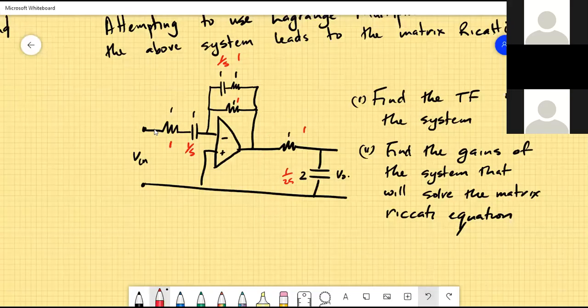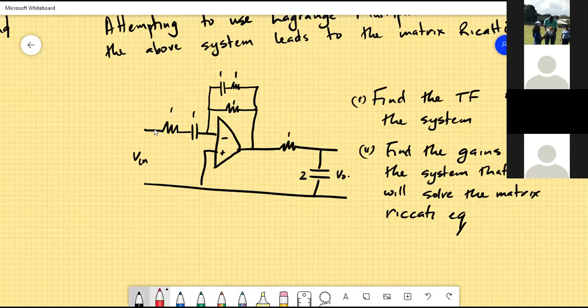All right, so we're trying to find the transfer function for this thing.